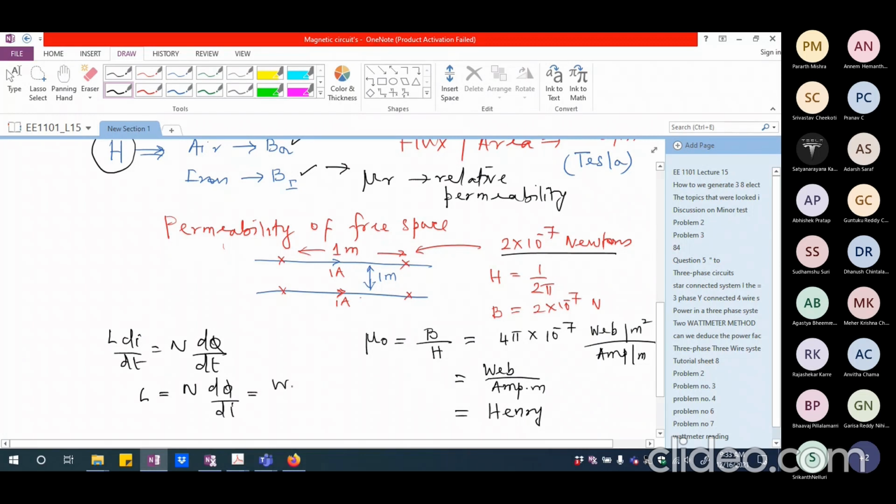So we said this is Weber per ampere, which is actually the unit of inductance, which is Henry. So this is Henry per meter, or I should be able to write this as Hm power minus 1. This is going to be basically the unit of permeability. So this is what we spoke in the last class.